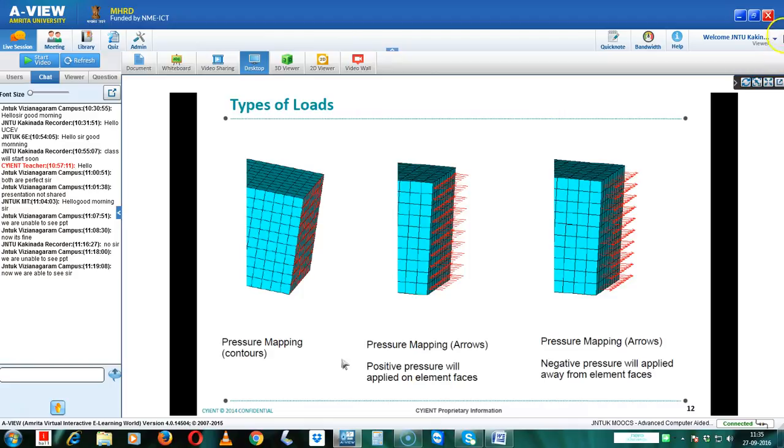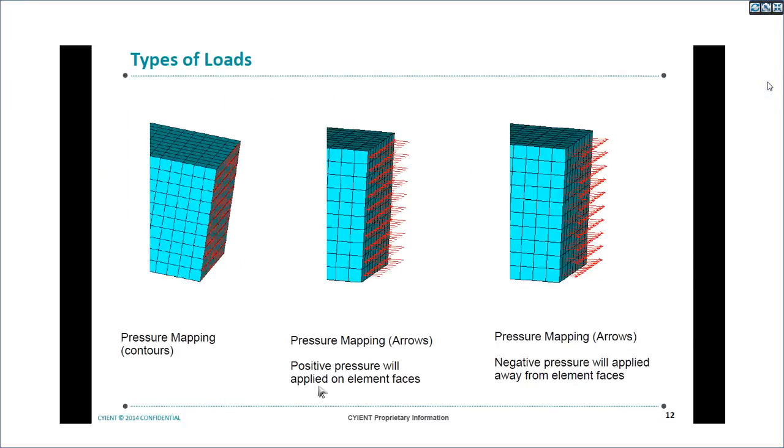Okay. Positive pressure is pressure acting on the component, and when you want to apply pressure away from the component, then you have to apply negative pressure. Okay.